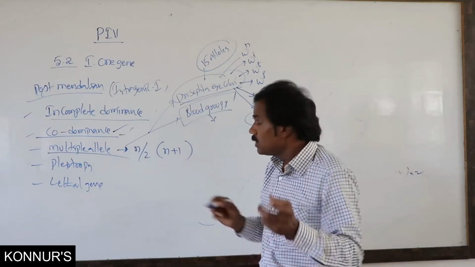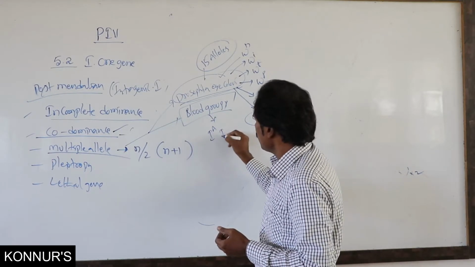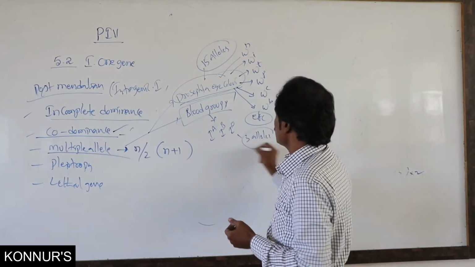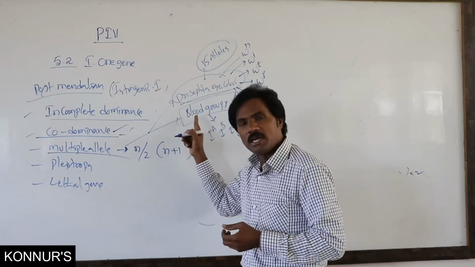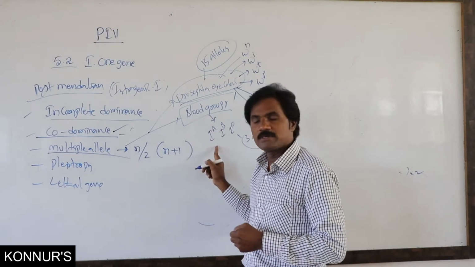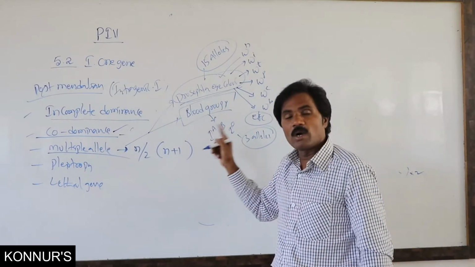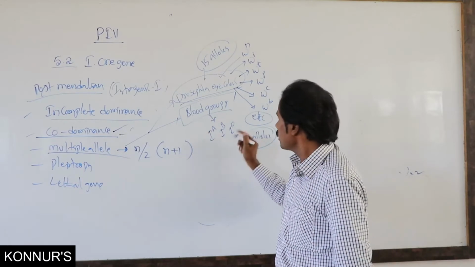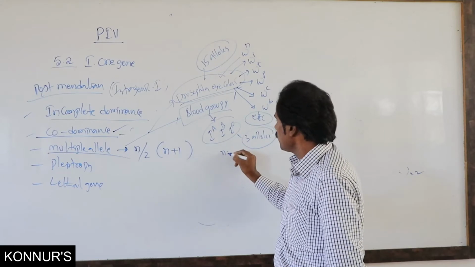In blood group, 3 alleles are present: A, B, O. If 3 alleles are present, what is the total number of genotypes in blood group? Here N equals 3.